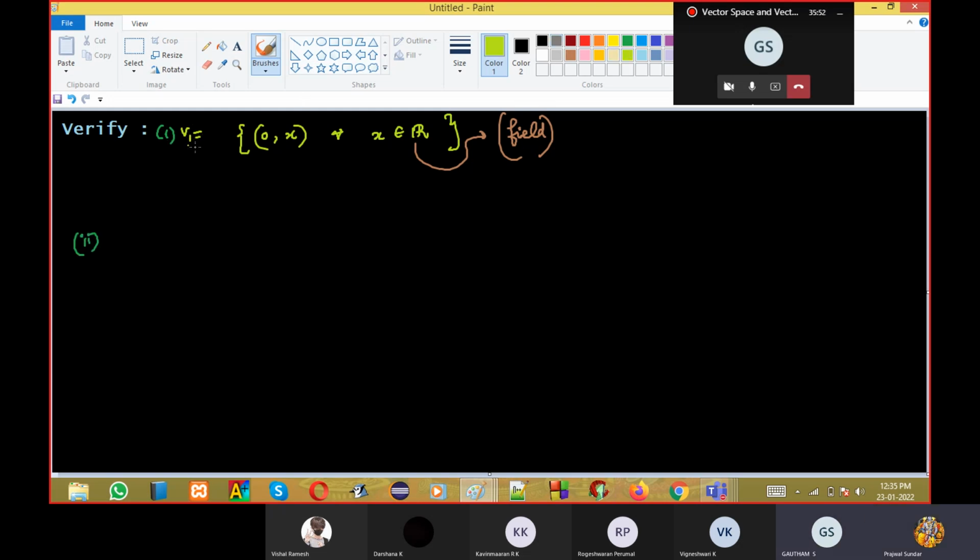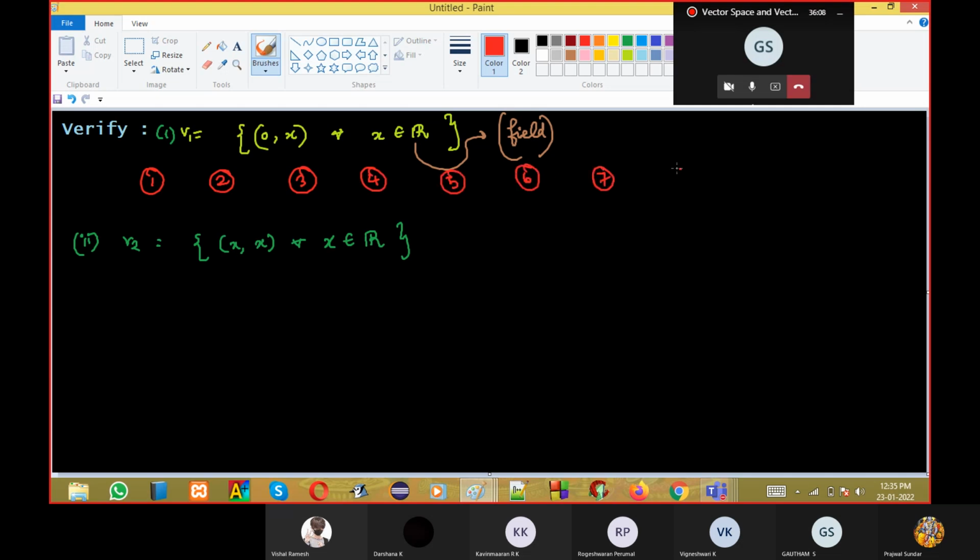This is V1. It is a vector space over field R. Did you check all the properties? All properties should be satisfied. For vector space, I'm giving good practice. All concepts you should understand. All this will be true.